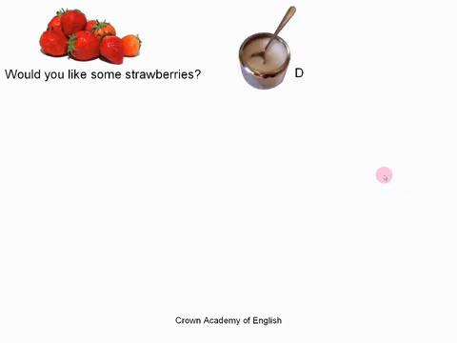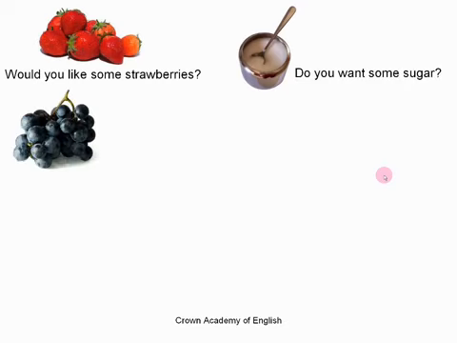Now I am at my home, I am with a friend, and I am offering food to my friend. So I am offering something to my friend, and I am doing this with a question. Would you like some strawberries? Do you want some sugar? Would you like some grapes?